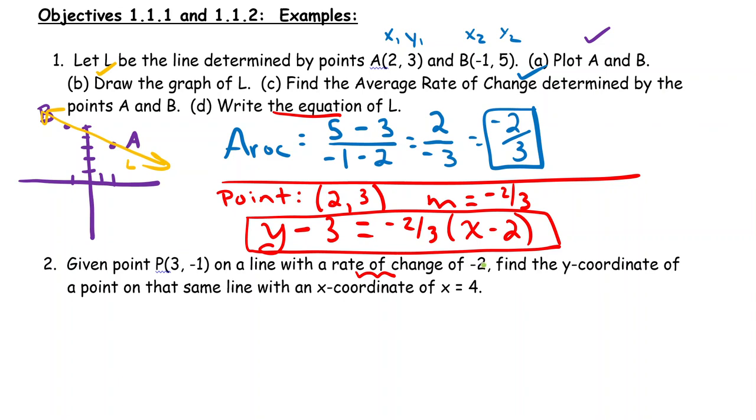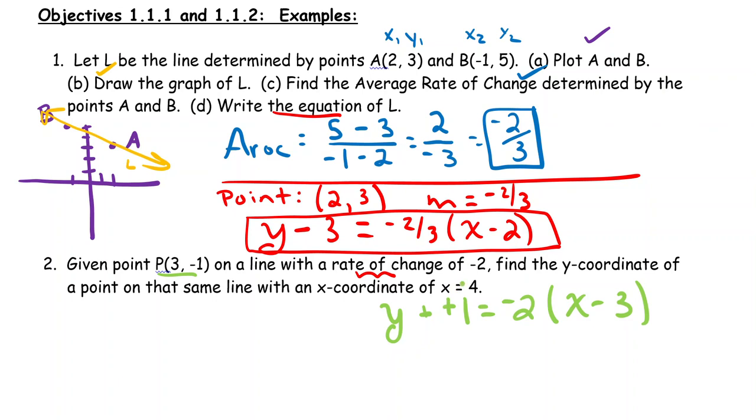And the equation of the line with this point and this slope, remember m is negative 2, is going to be y minus negative 1 equals my slope, negative 2, times (x minus 3). Right, there's the equation of my line.